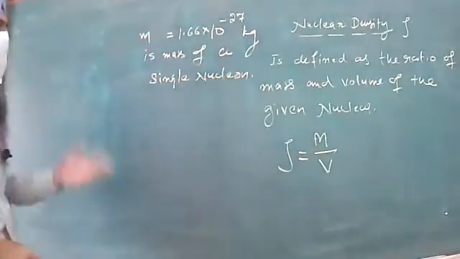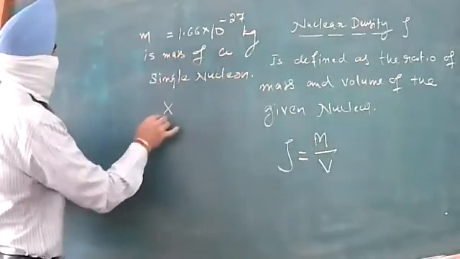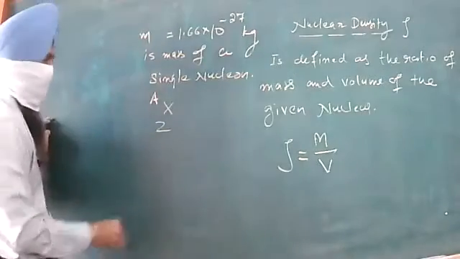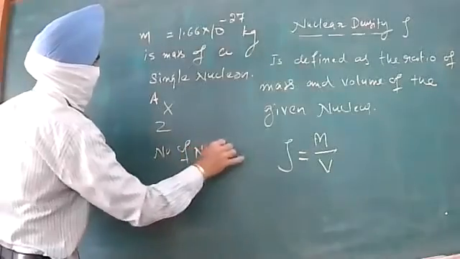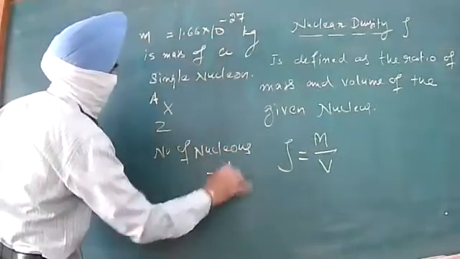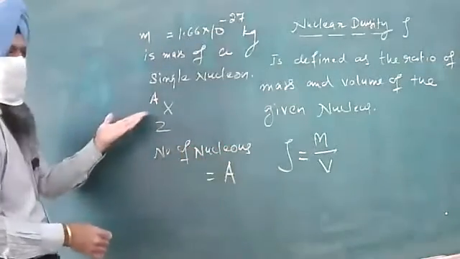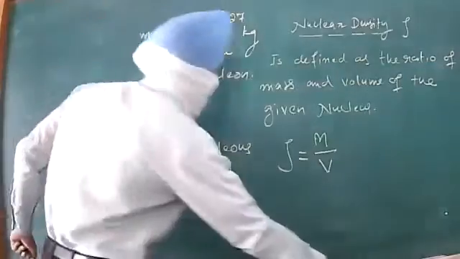Suppose we are talking about the state X, Z, A, and the total number of nucleons is equal to A, because A is the mass number in this case.